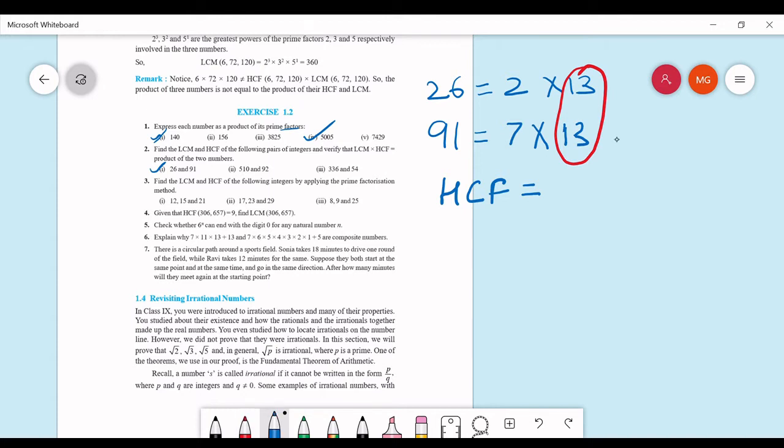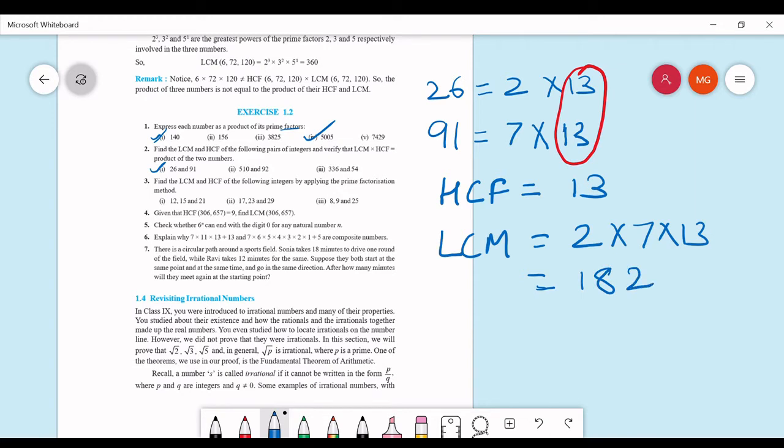So this can be written as HCF is 13. Now LCM. LCM will be 2 multiplied by 7 and the common one is 13, right? So 2 multiplied by 7 multiplied by 13, that will give you 182.